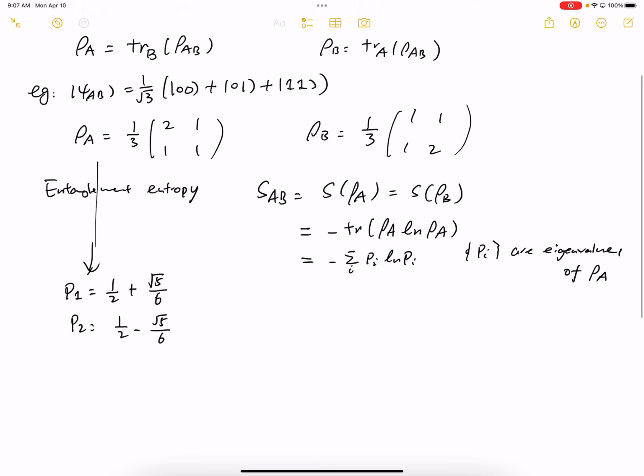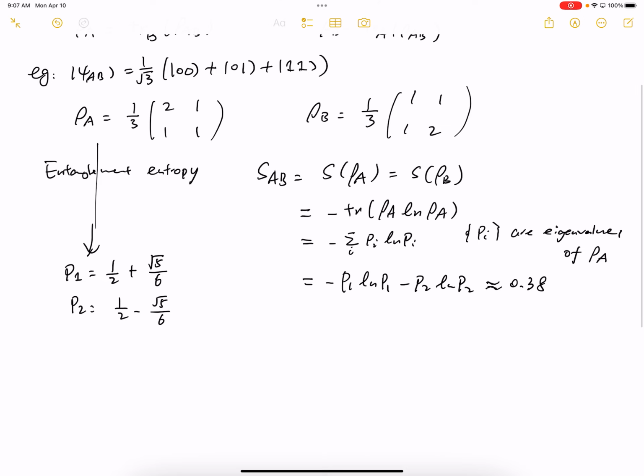That's a sanity check. Then we can plug this in: S equals negative p1 log p1 minus p2 log p2. These numbers are not very nice, but you can use your calculator. At the end of the day, it's approximately equal to 0.38. You can do this on the calculator by plugging in those two numbers.